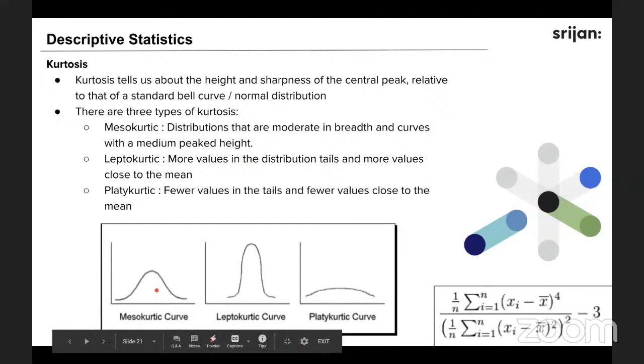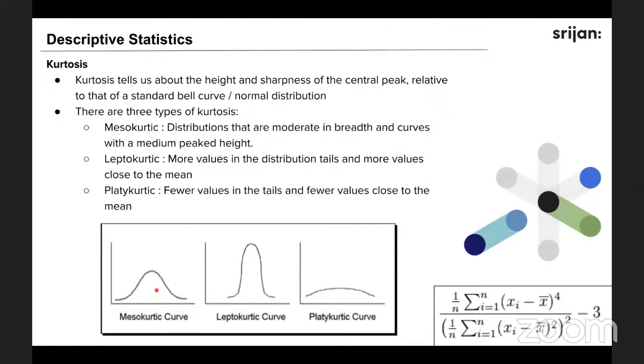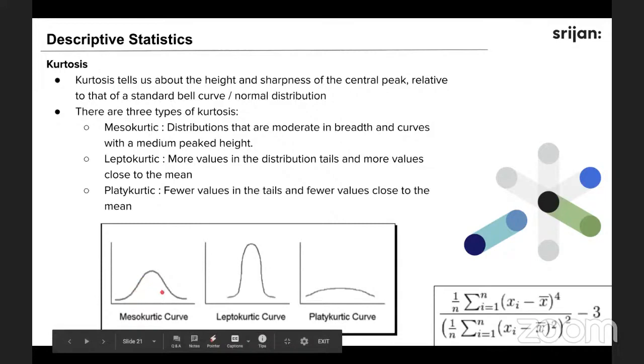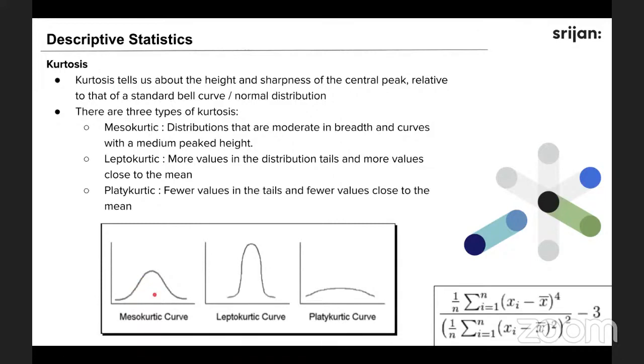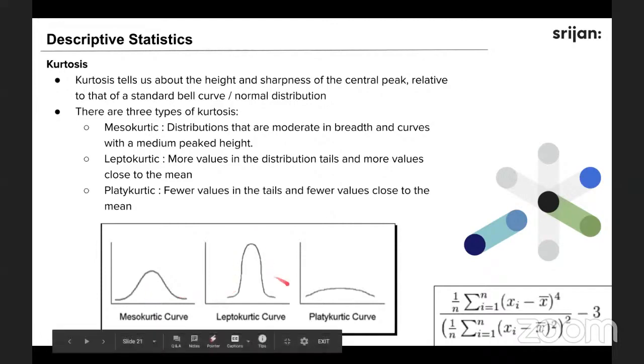If you recall what a normal distribution looked like, it's most similar to that distribution, right? And yeah, this is a leptokurtic case, or this is a platykurtic curve.